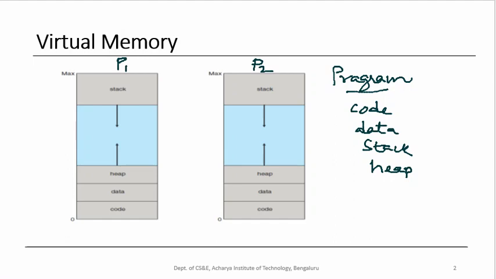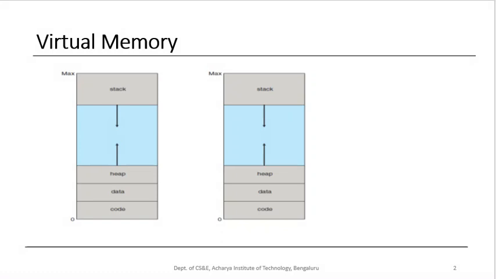Then each of these programs or processes is divided into a number of pages, and these pages are randomly put into the main memory. But if you give that view of the memory to the programmer, let me rub this.